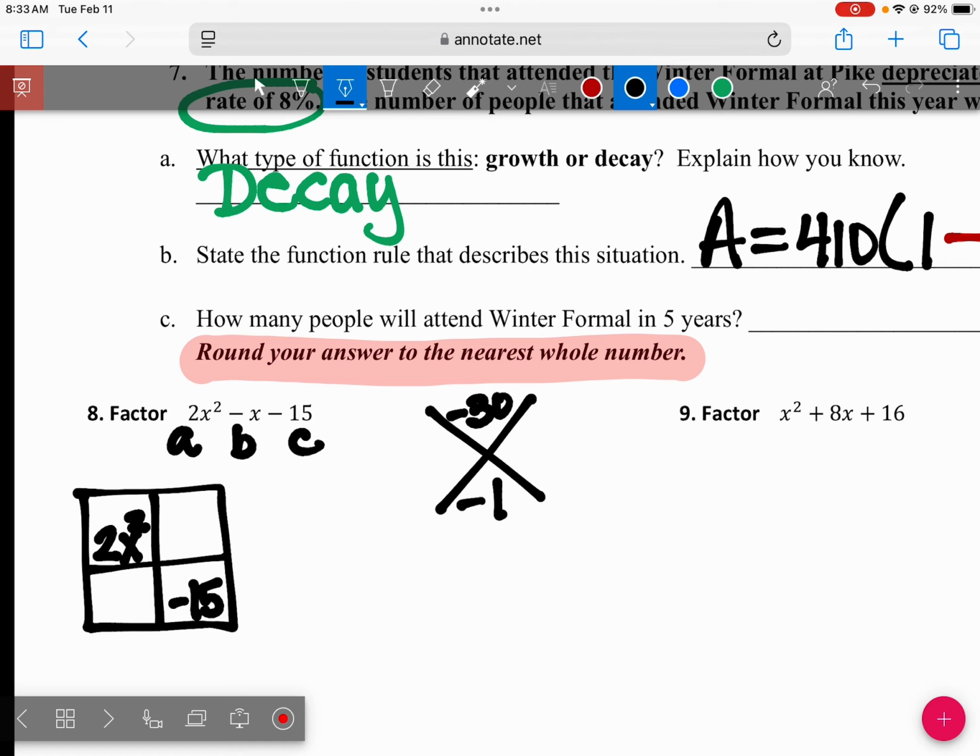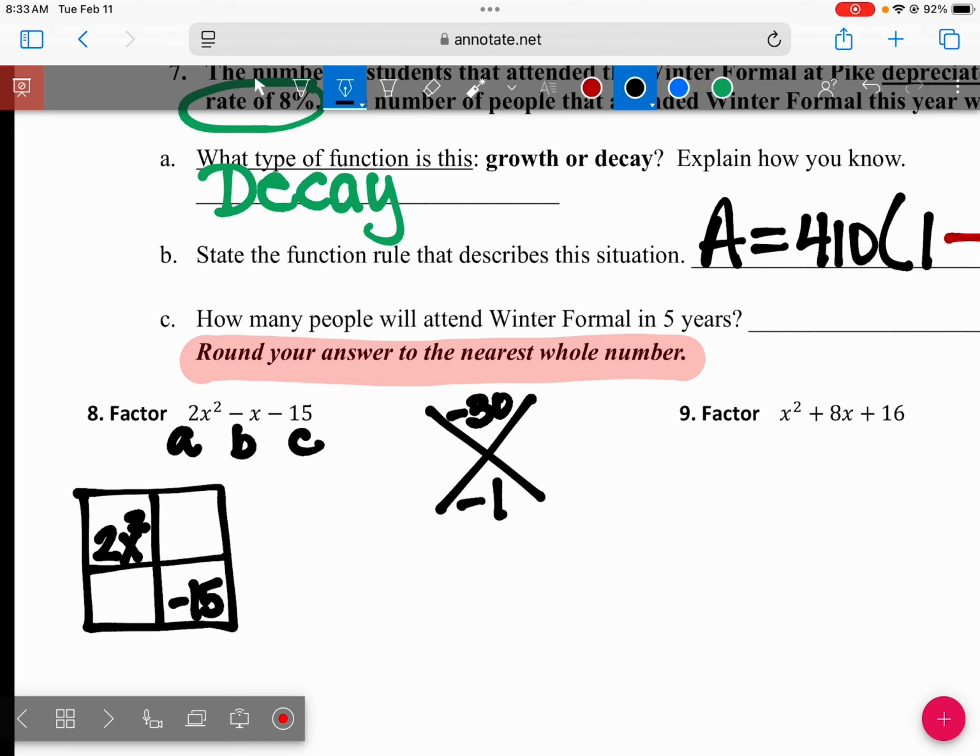Okay. So what are our numbers that multiply to be negative 30 and add to a negative 1? Anybody know? That's tricky. Jaden, you got any ideas? No? I know he's going to say that. I just thought I'd call your name.